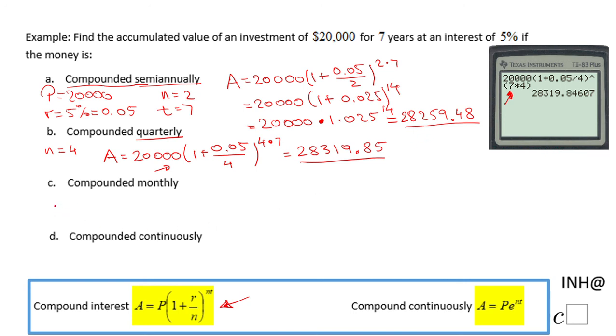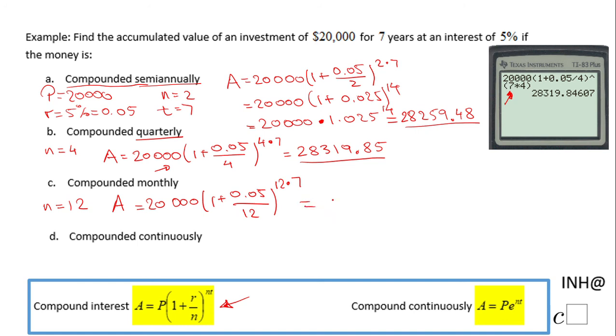Let's take a look at point C, where we have to compound monthly. That will be N equals 12, and the formula becomes A equals 20,000 times the quantity 1 plus 0.05 over 12, and here we have N times T, so 12 times 7.